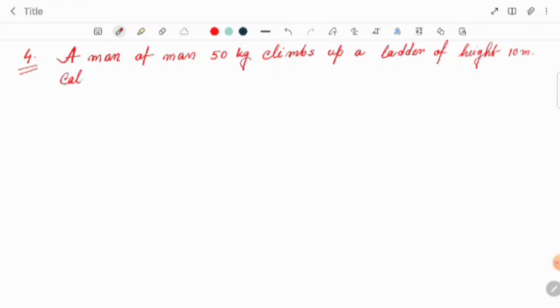Calculate number 1, the work done by the man, and number 2, the increase in his potential energy.